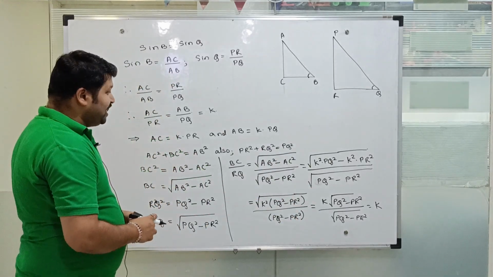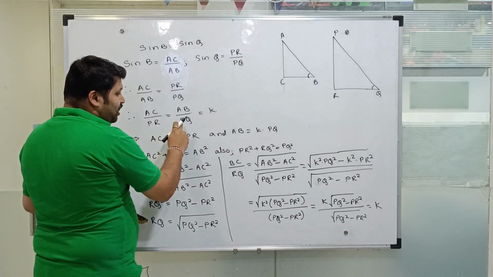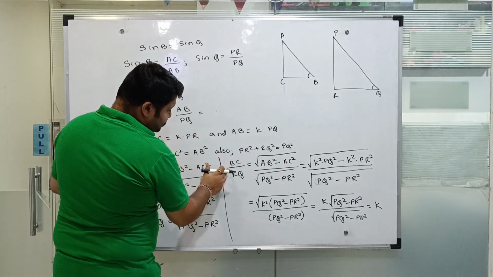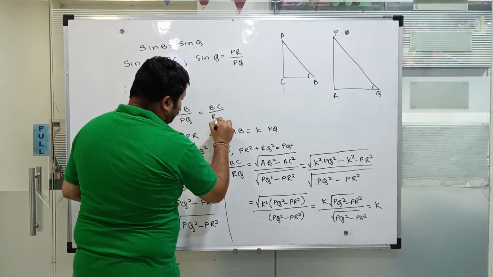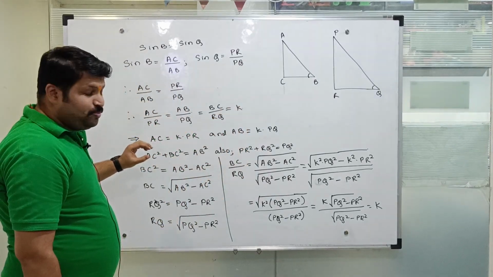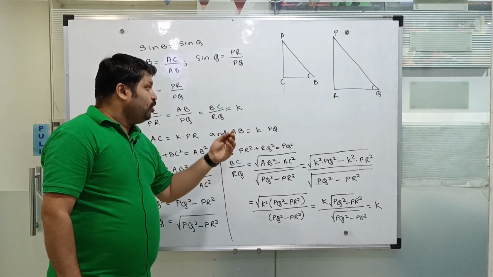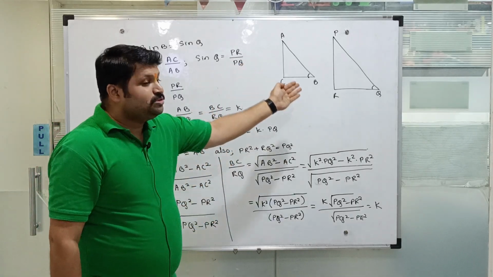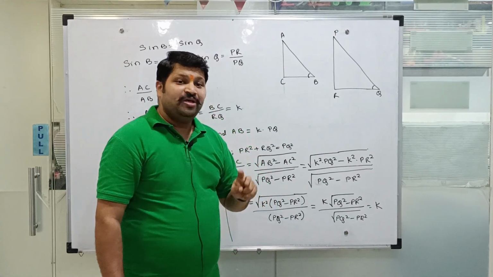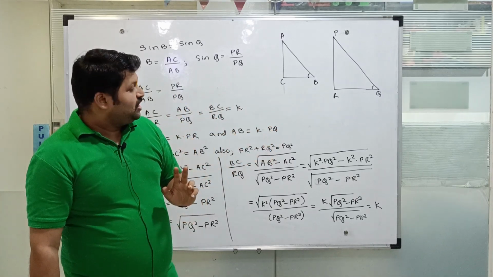This means that AC upon PR is equal to AB upon PQ is equal to BC upon RQ is equal to K. Since we are able to prove that these three sides are in equal proportion, we can say that the two triangles are similar by SSS test of similarity, and if two triangles are similar, then their angles are equal.